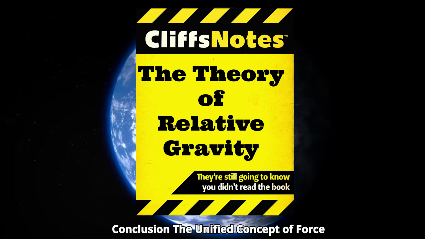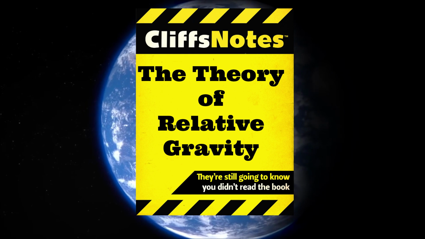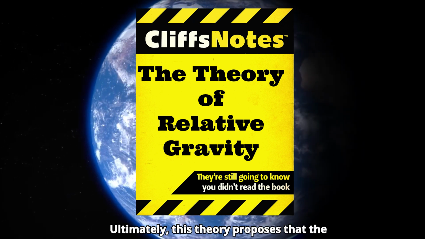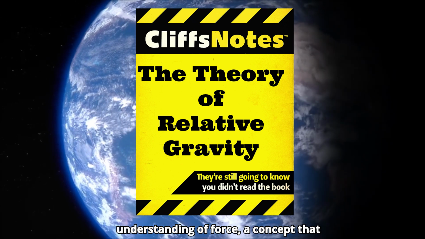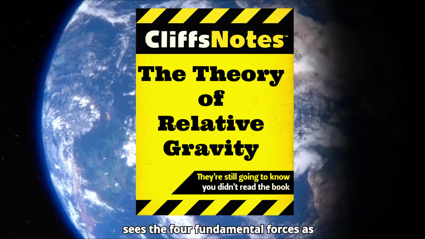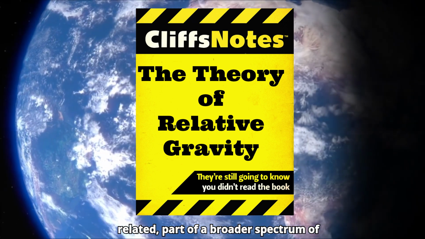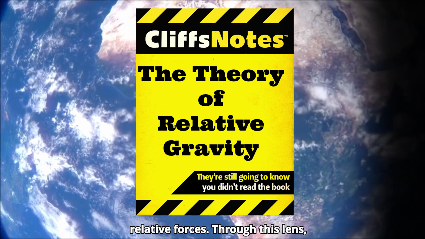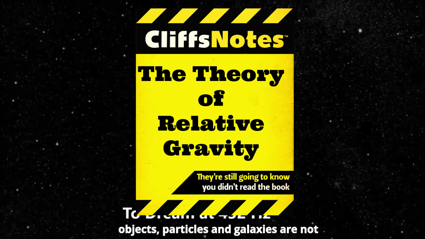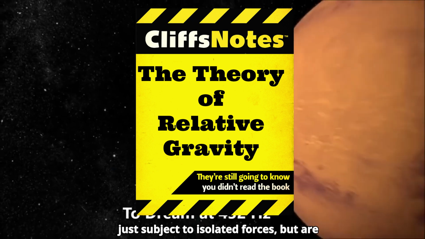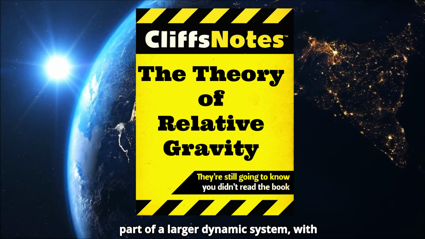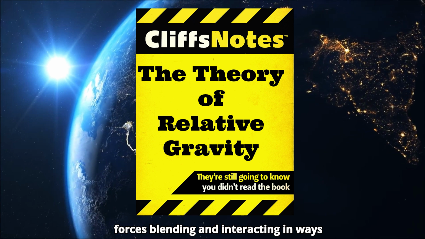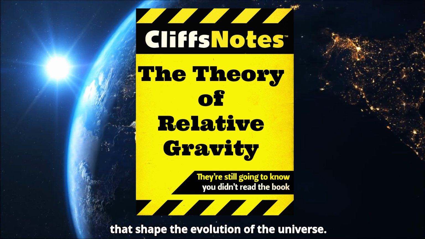Conclusion: the unified concept of force. Ultimately, this theory proposes that the universe operates with a unified understanding of force, a concept that sees the four fundamental forces as related, part of a broader spectrum of relative forces. Through this lens, objects, particles, and galaxies are not just subject to isolated forces, but are part of a larger, dynamic system, with forces blending and interacting in ways that shape the evolution of the universe.